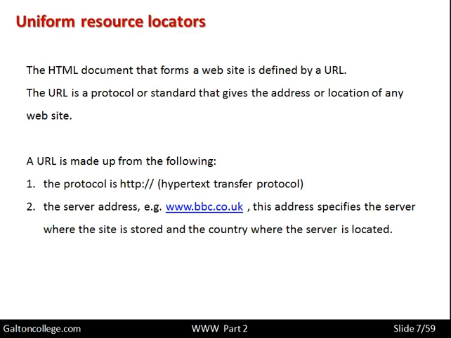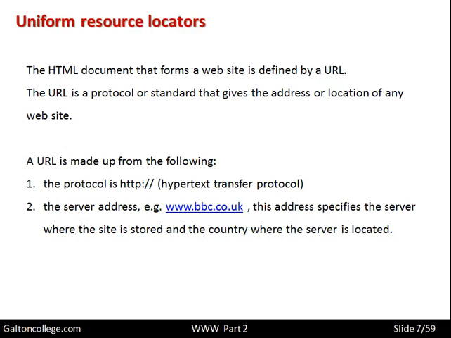and the server address. So, for example, let's say we're talking about the BBC. The address for the BBC is www.bbc.co.uk. Now, this address specifies the server where the site is stored and the country where the server is located. The .co.uk is known as a top-level domain, and countries have top-level domains.